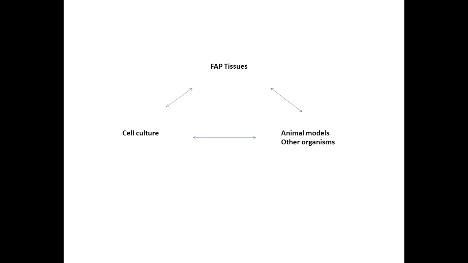And this has been, we have taken back and forth cell culture studies. I won't show the cell culture studies, but we go to animal models, and then to FAP ex vivo tissues. So it is this triangle that led us to the conclusions I'll show you next.